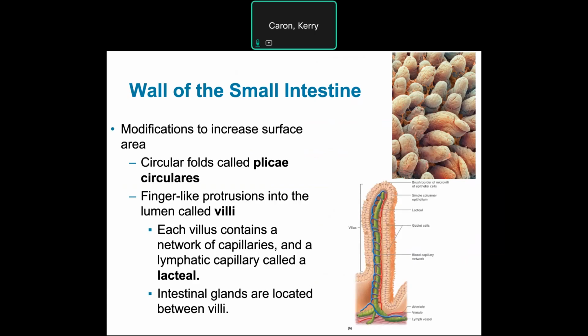Villi are like really large cilia, but they're finger-like projections. Each villus has a network of capillaries, and the lymphatic capillary is called a lacteal. We have intestinal glands located between each villi.